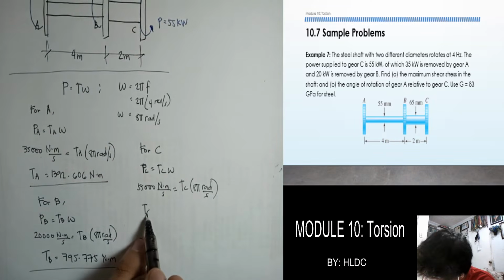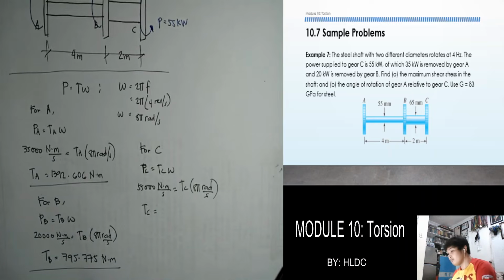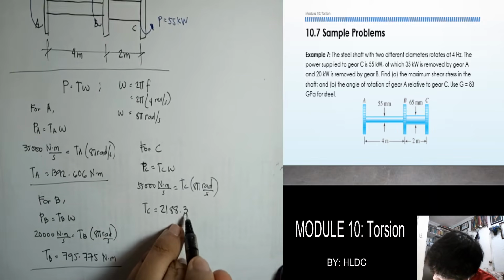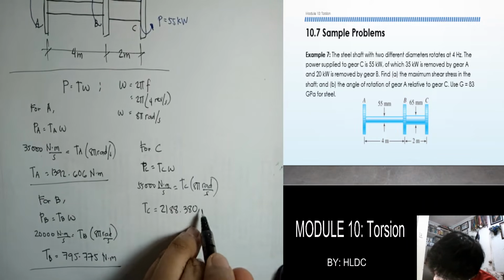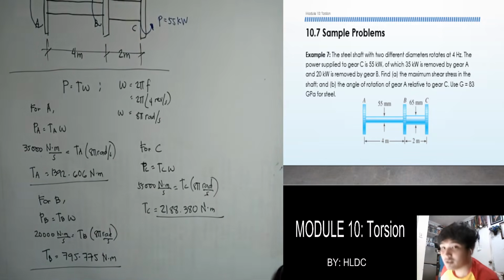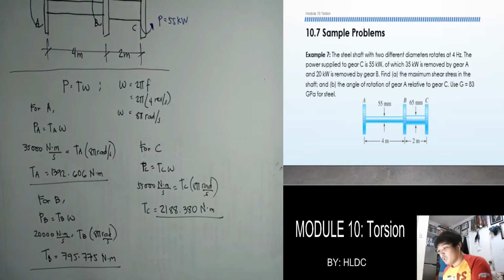So ilan ang TC? Okay, so sagot is 2188.380 Newton meter. Okay, so nakuha ko yung mga equivalent torques nila.